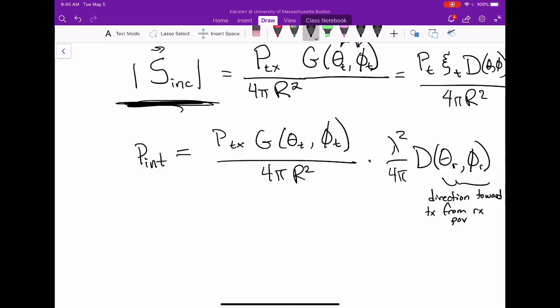But, like I said, the intercepted power is not the power that makes it to the receiver, because again, we have an efficiency to deal with.